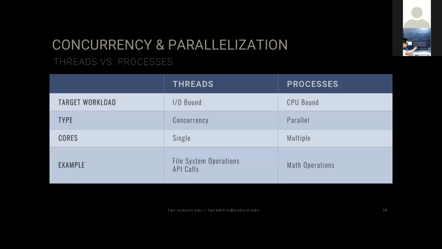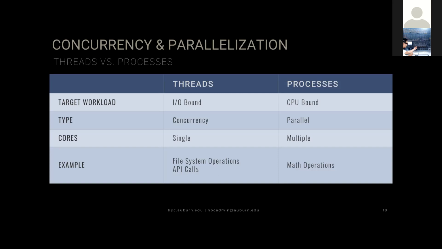If you have something that is IO bound, meaning it's bound to the file system, or you're doing some kind of API calls, basically anything where you have to communicate with some device or endpoint and wait, that indicates an IO bound workload, and that's when you're going to want to use threading. If you're just doing math operations and everything is really just calculations, you're probably going to be better off using process-based parallelization.